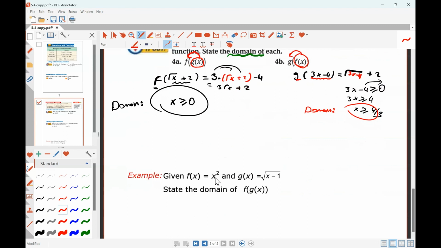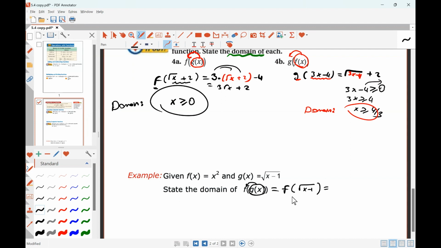Let's solve one question where the inside function's domain and the result's domain are different. F of x is x squared, g of x is square root of x minus 1, and we're asked to compose f of g of x. So g is the inside function, so plug in g for f. So it becomes f of g of x, which is square root of x minus 1. Now it becomes evaluating functions.